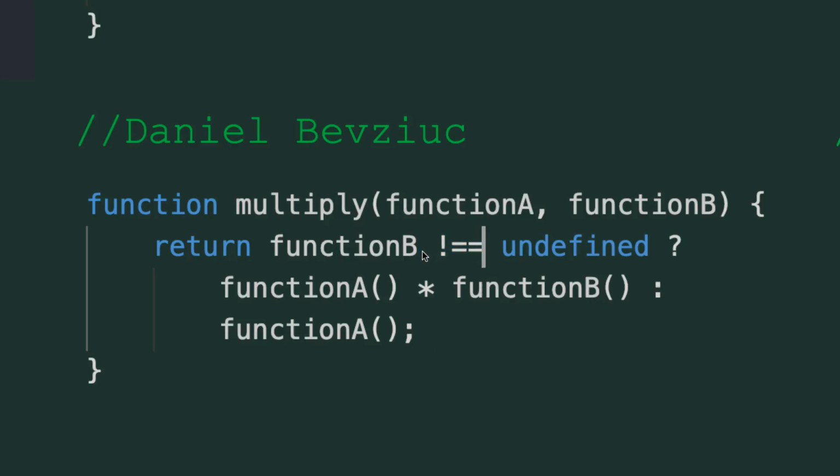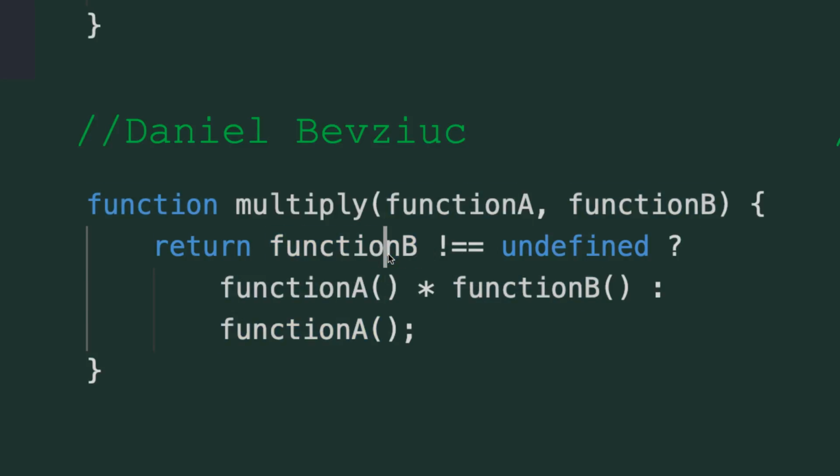He can use that? Yeah. So if function B is not provided, it will be undefined. So what Daniel is asserting is, if it's not undefined, that means that there is something on it, then multiply. If function B equals undefined, it will run else, right?